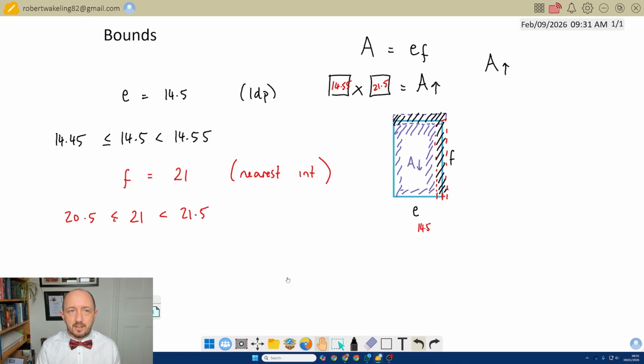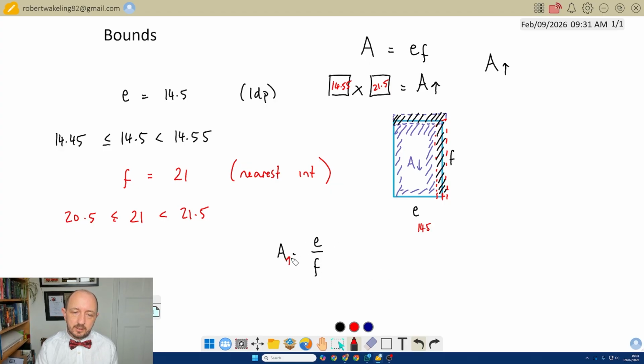Because the last part of this is doing a division, okay? E divided by F as an example. And this one confuses students because when we're dividing, we don't want to divide the biggest by the biggest. That's not the biggest A that we can possibly have. So the pattern is the numerator and this one here.